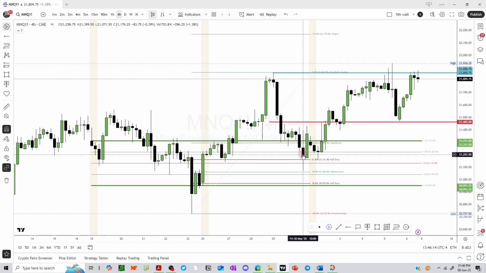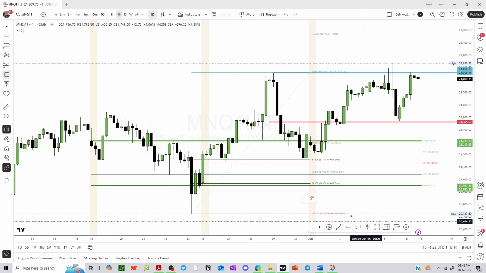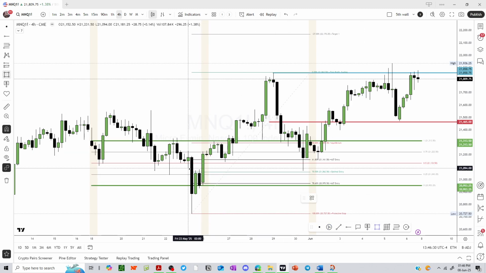I want to remind you guys, if you're using Thinkorswim, that those 4-hour candles are different than TradingView's 4-hour candles. So take that into account and do with it as you will. So let's just highlight that.